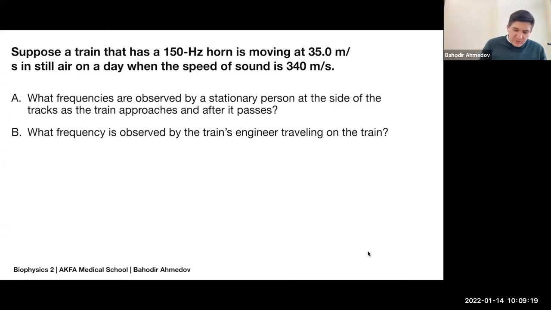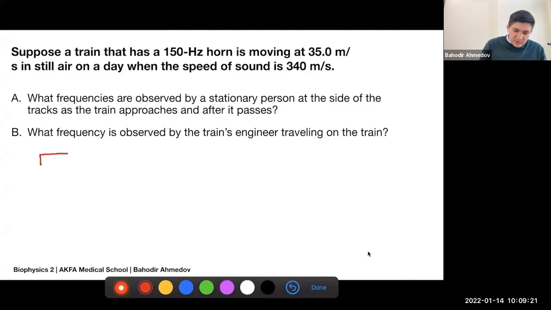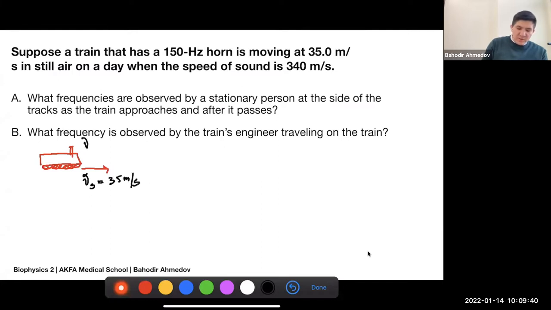Essentially, I've got the sound source, which is coming from the train, from its horn. And the train is moving at a certain velocity. So the speed of the source, the train, is equal to, say, 35 meters per second. At the same time, the speed of the sound, the speed of the wave, is equal to 331 meters per second in air. I'm the observer.